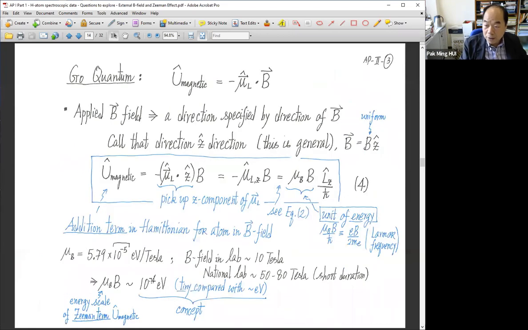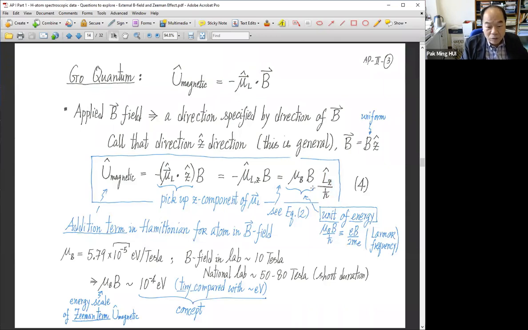Now let's go quantum. All we need to do is to give all these quantities a hat, being operators. So this looks like a new operator, the magnetic dipole moment operator. Not quite. We just said that this mu is proportional to L. So we only need the L operator.